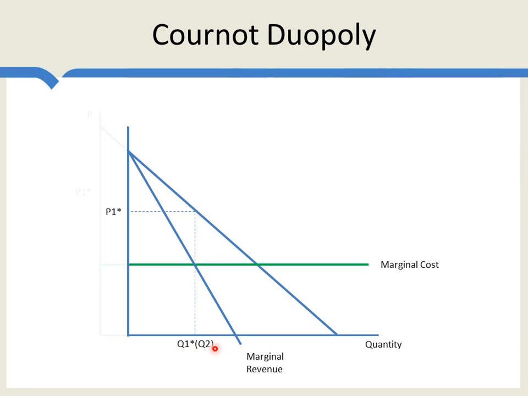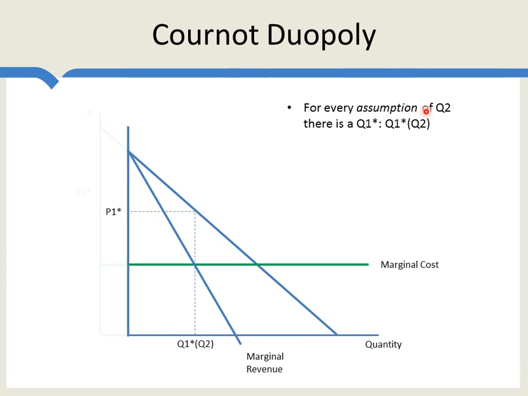Now notice that this Q1 star is the optimal quantity given that firm 2 is producing Q2 units. So the intuition is that by repeating this procedure, we can find the optimal response of firm 1 to whatever firm 2 decides to produce.